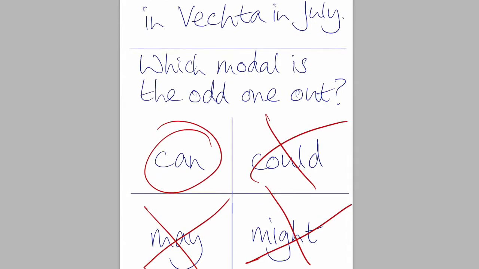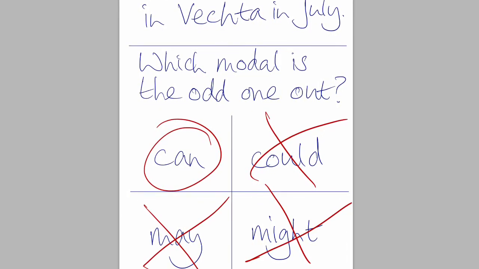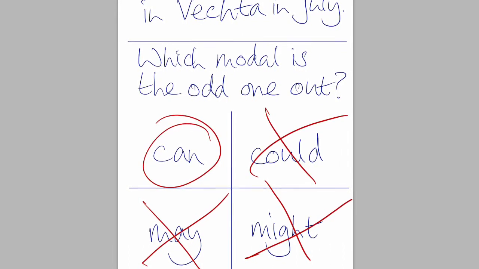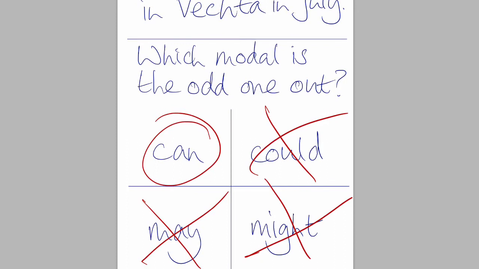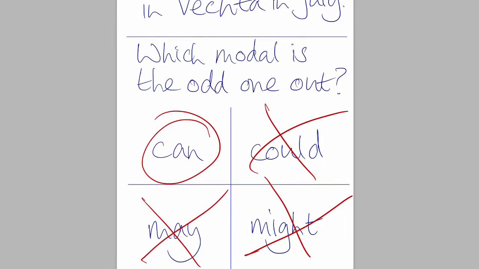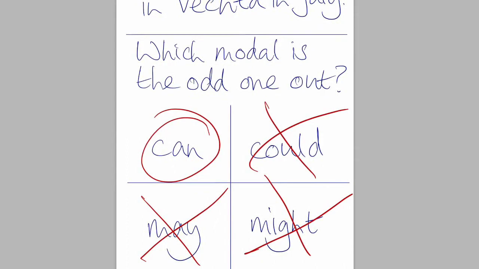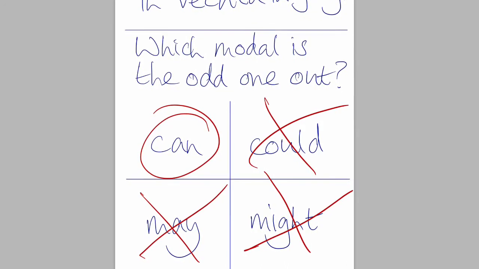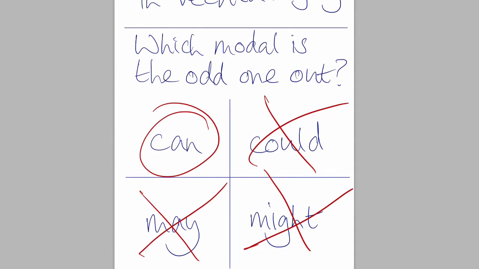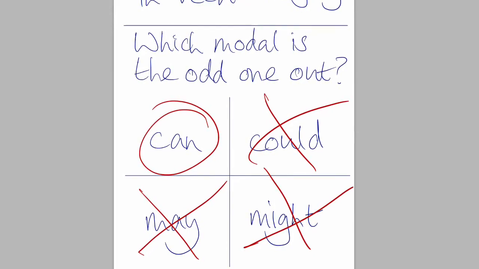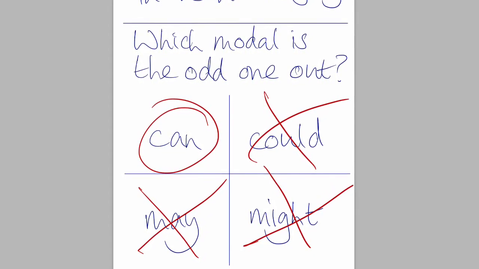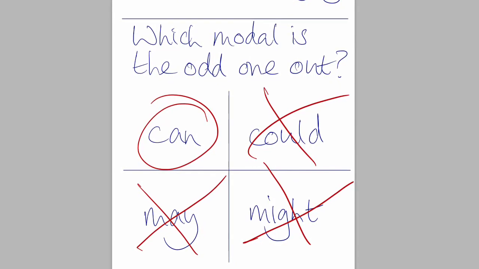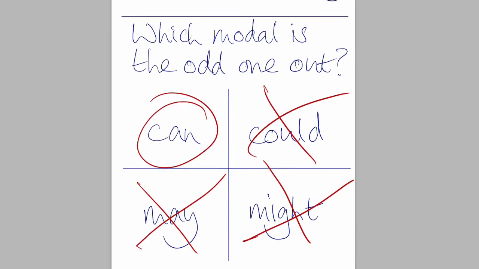These are all referring just to this one July, next month. Those are future possibilities. When we say can, we're talking about general possibility. So that's every July. It can rain in Fechter in July. Can cannot be used in this way for future possibility. So you can see the difference there.